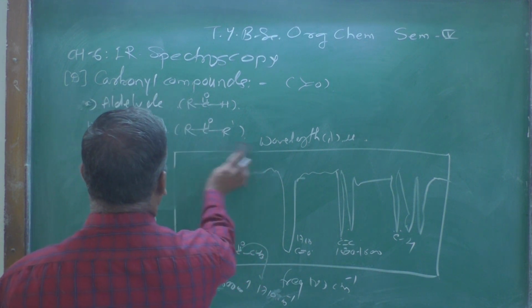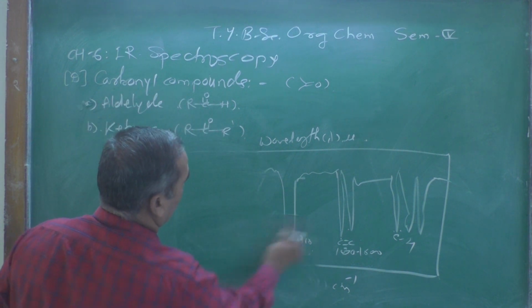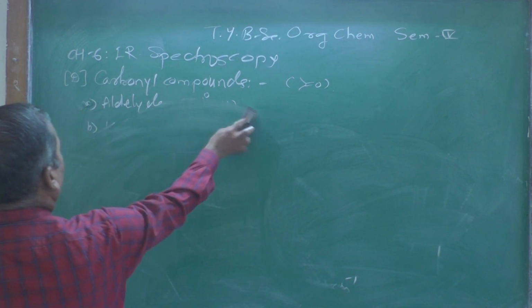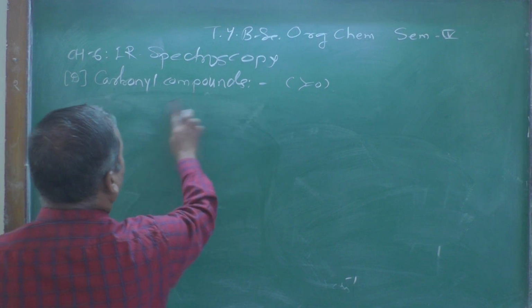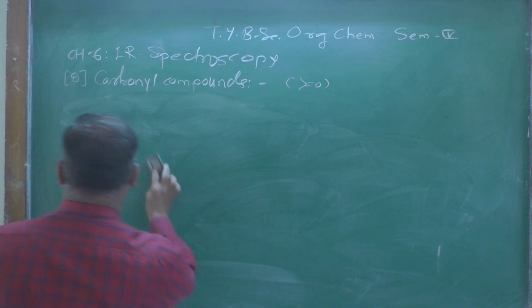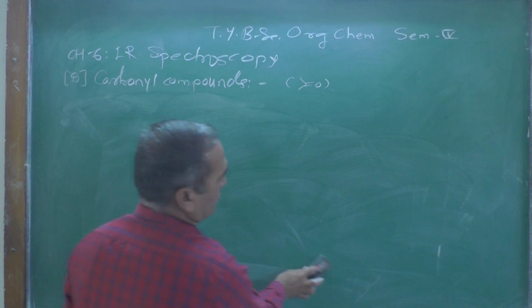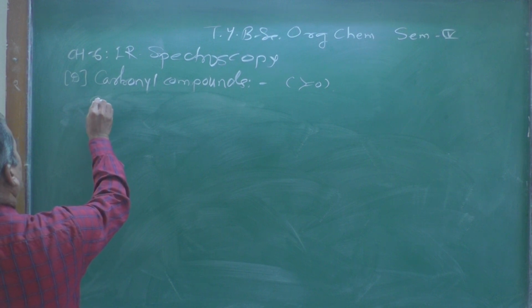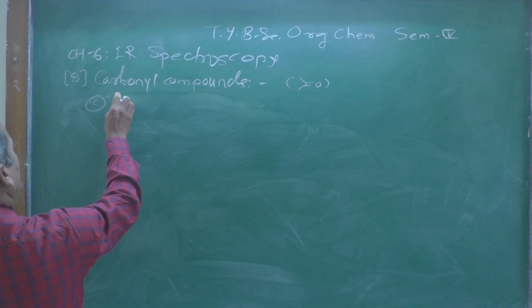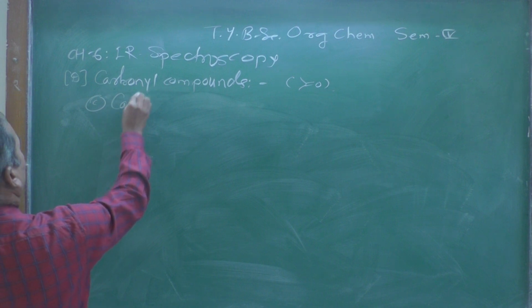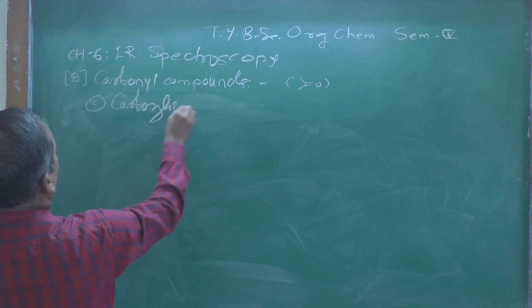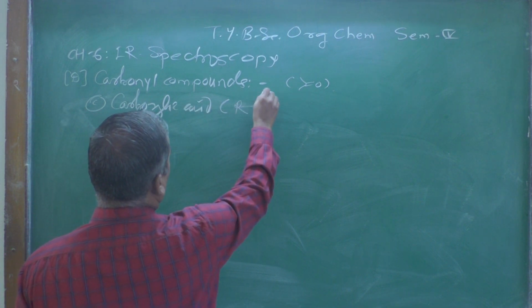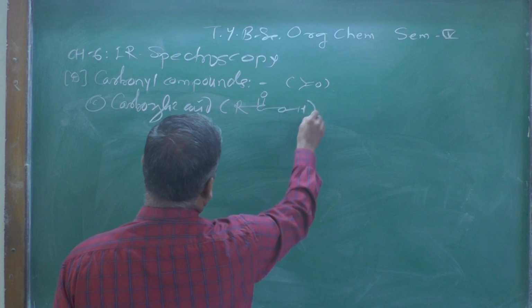So the next point we are going to discuss, after the aldehyde and the ketone which we have discussed over here, is the carboxylic acid, and as we know, the general formula of carboxylic acid is RC double bond O, OH.